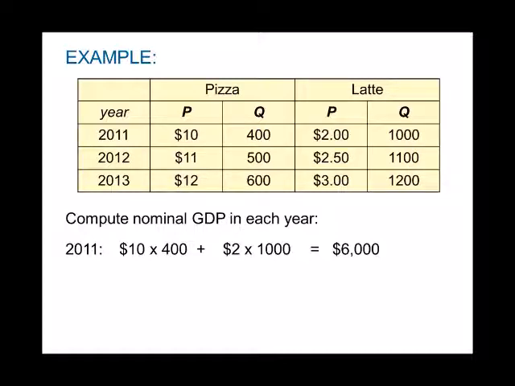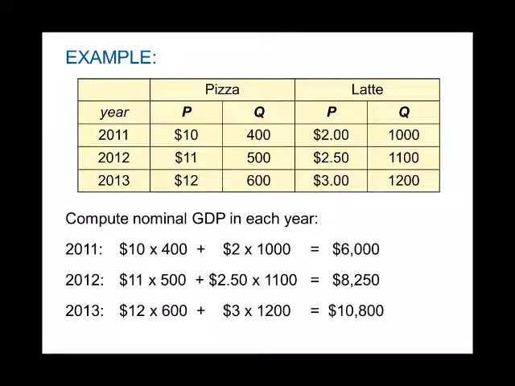So in total, you have $6,000 worth of final goods and services being produced in this economy in 1 year. In 2012, it is 11 times 500 plus 2.50 times 1100. So it's 8,250. In 2013, it is 10,800.